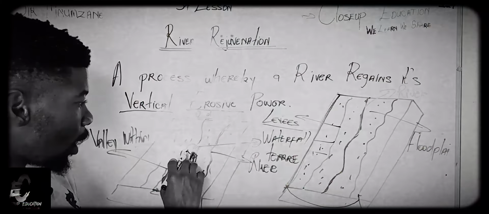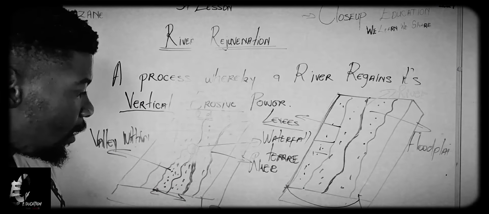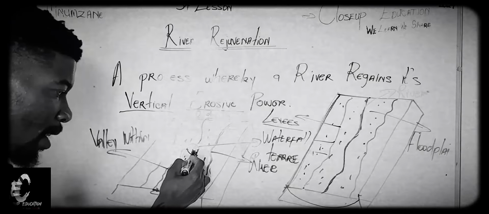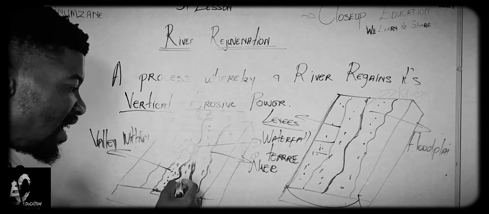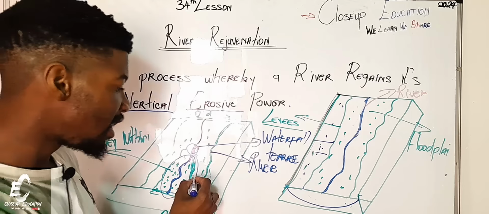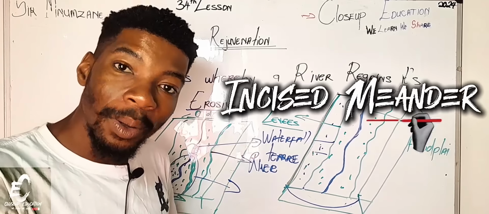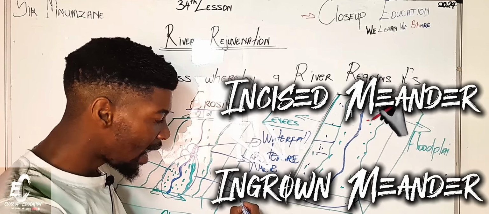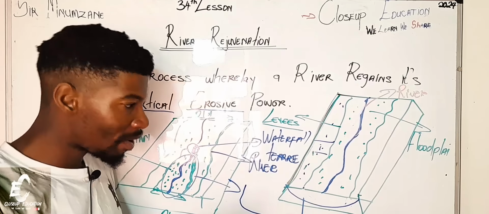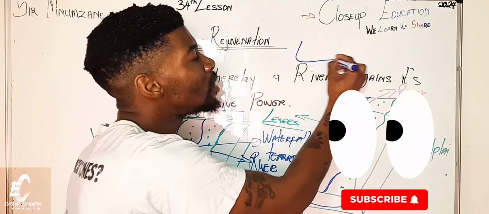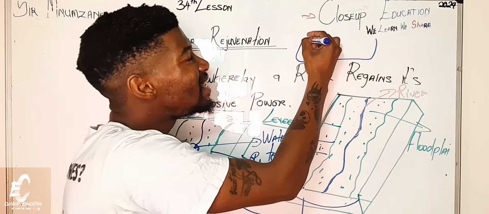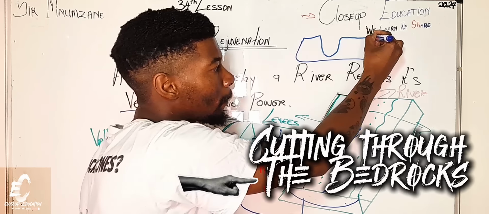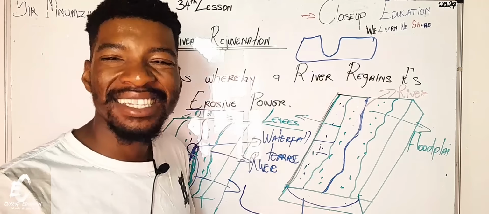Then we continue, guys. What can we tell here? There's erosion happening here. This meander can either be what? It can either be incised or ingrown. Looking at the cross profile, this is our cross profile. And incised definitely means cutting through. That's an incised, right?